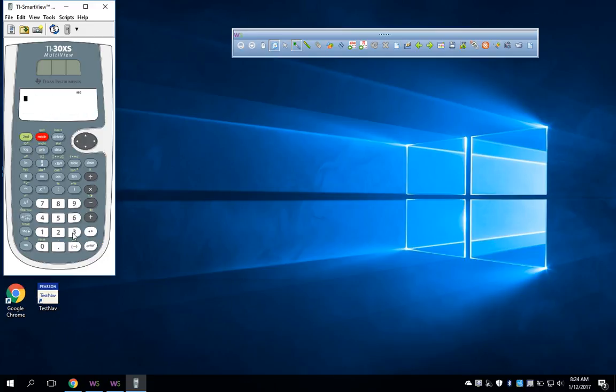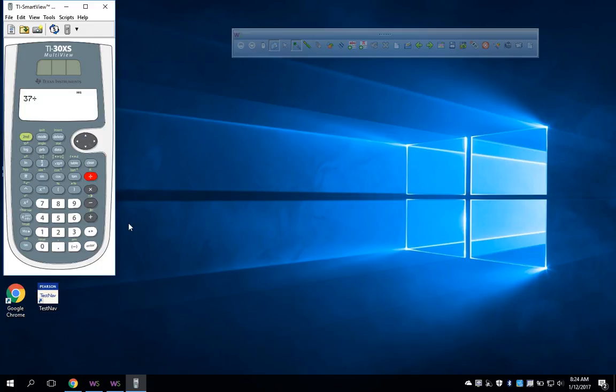And so I'm going to go 37 divided by, if I'm dividing by 2 pi, I have to put the 2 and the pi in parentheses. Otherwise, it's going to divide 37 by 2, and then follow the order of operations to the next thing, which is multiplying by pi, right?